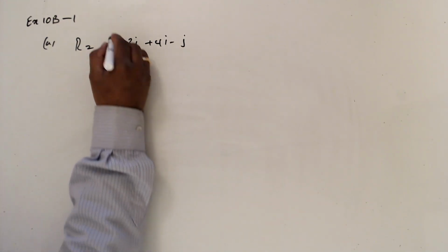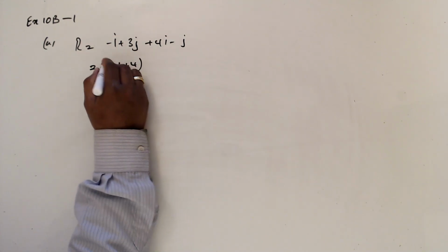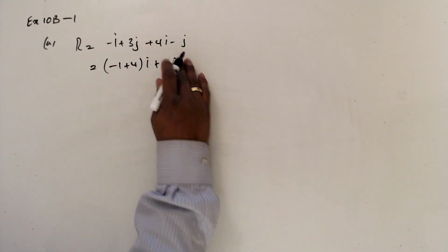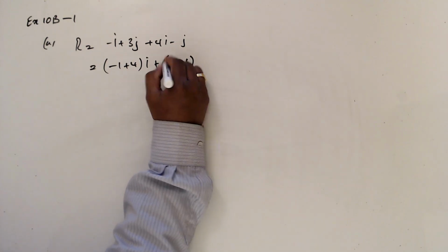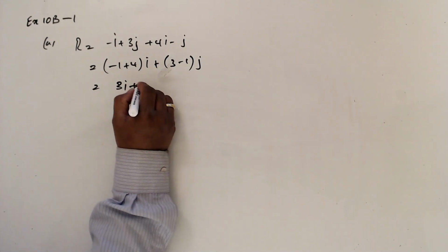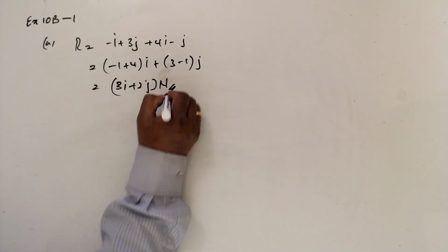This is going to be minus 1 plus 4 i plus 3 minus 1 j. This is 3i plus 2j Newton.